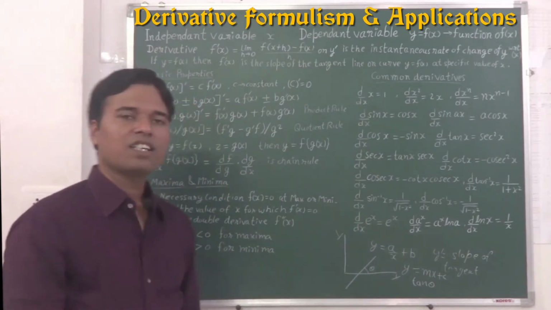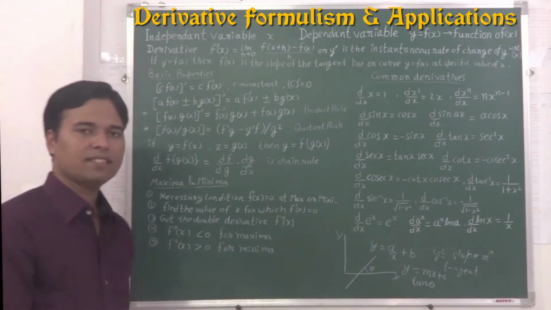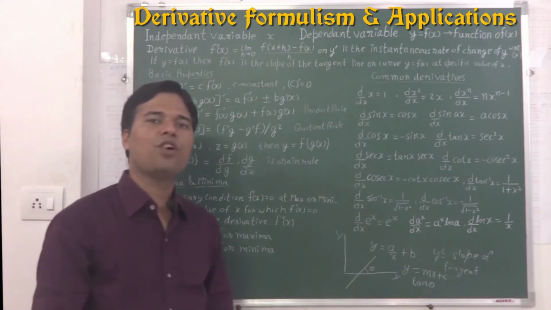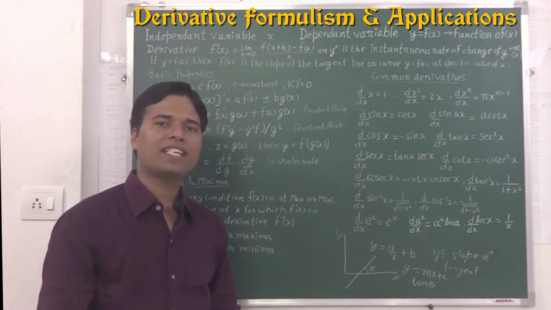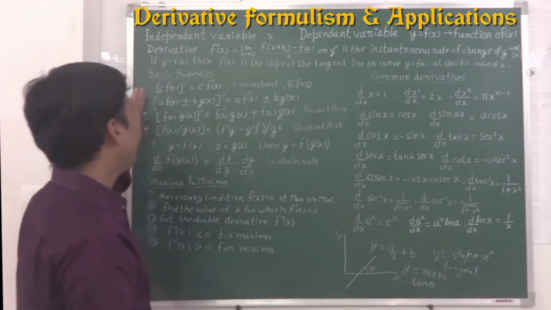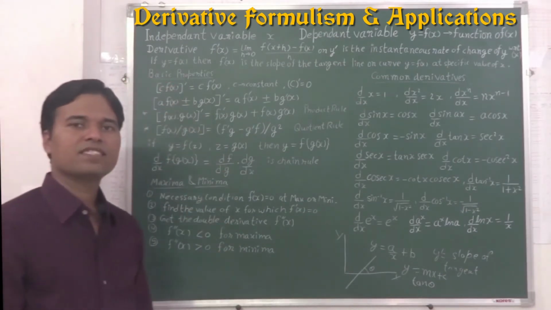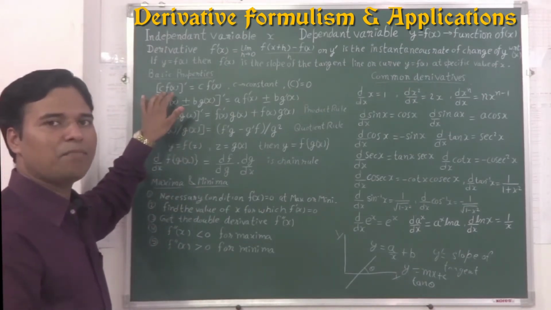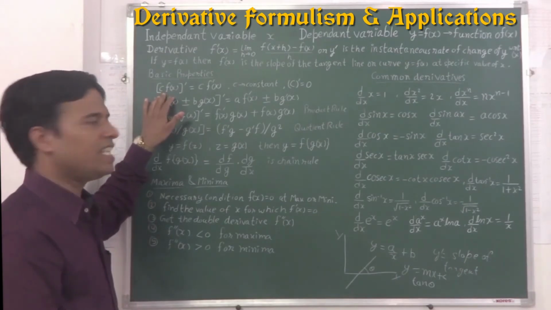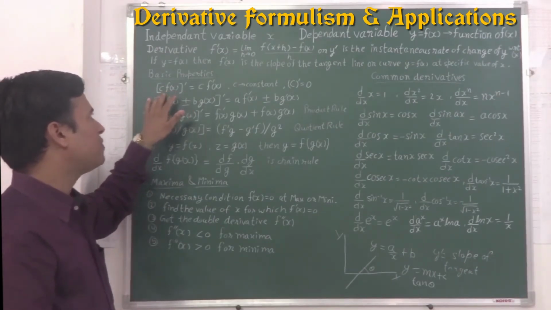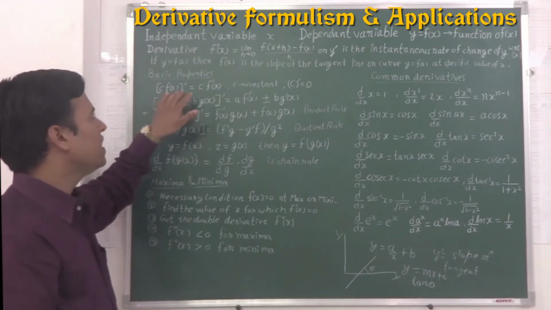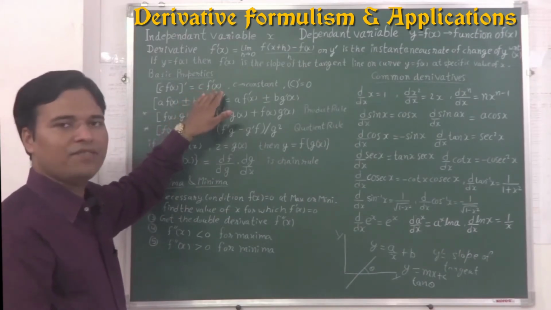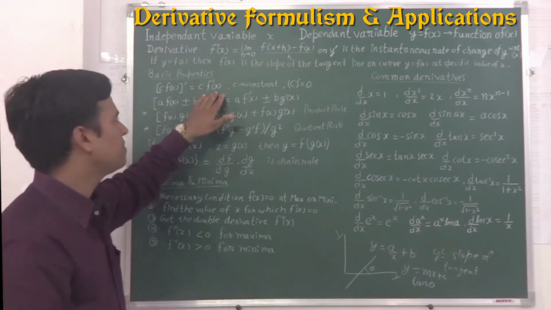Now we are going to learn the basic properties of derivatives by which we can get the derivatives of complex mathematical functions. Dear students, if you want to get the derivative of a function which is multiplied with some constant quantity c, then the derivative of c multiplied with f(x) is equal to c, the constant comes out, multiplied with the derivative of function f.